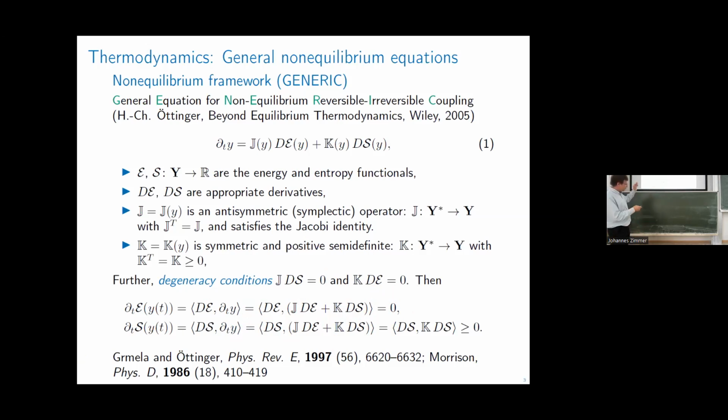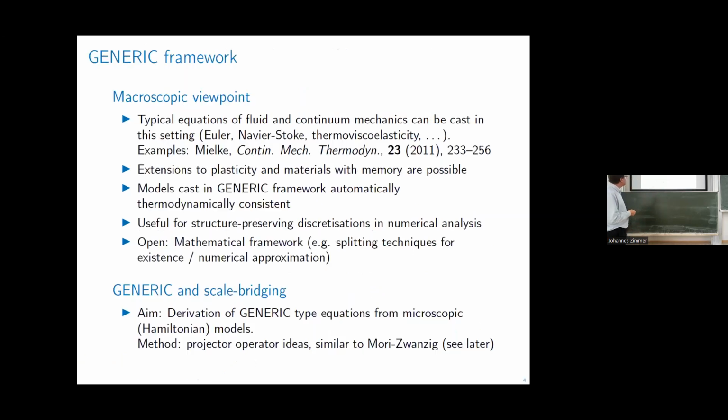And so why is this structure interesting to us? Well, first, essentially all the equations you can think of in continuum mechanics and thermodynamics can be phrased in generic form, with few exceptions. Plasticity and materials with memory need an extension of generic, but you can extend generic so that plasticity is covered.